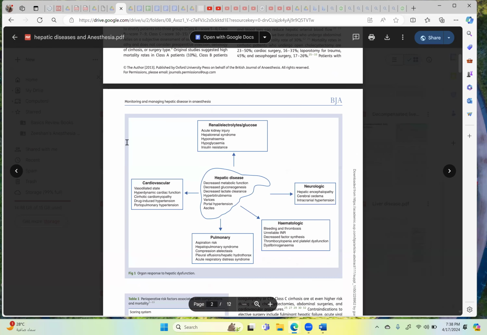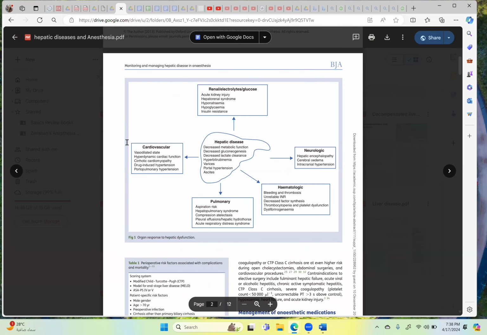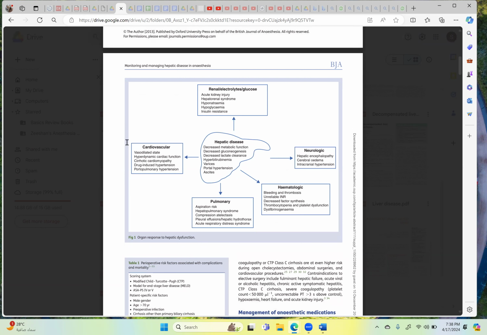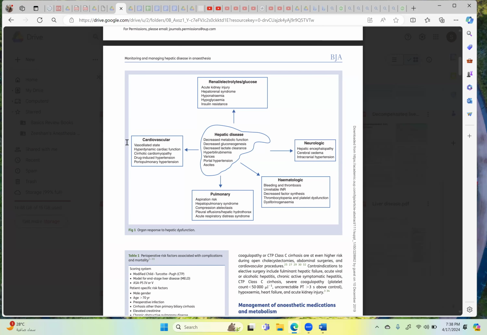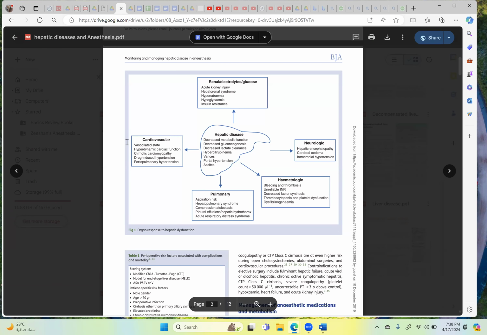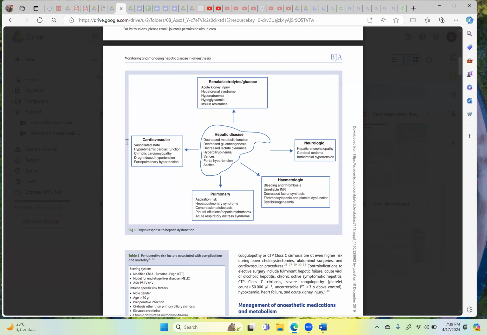You know, this is a very good source. Because the thing is that even in the exam you don't need to prove which book you have read. You just have to think that this is a very good chart to quickly recall what happens in the liver. So metabolic function is disturbed, with decreased gluconeogenesis.